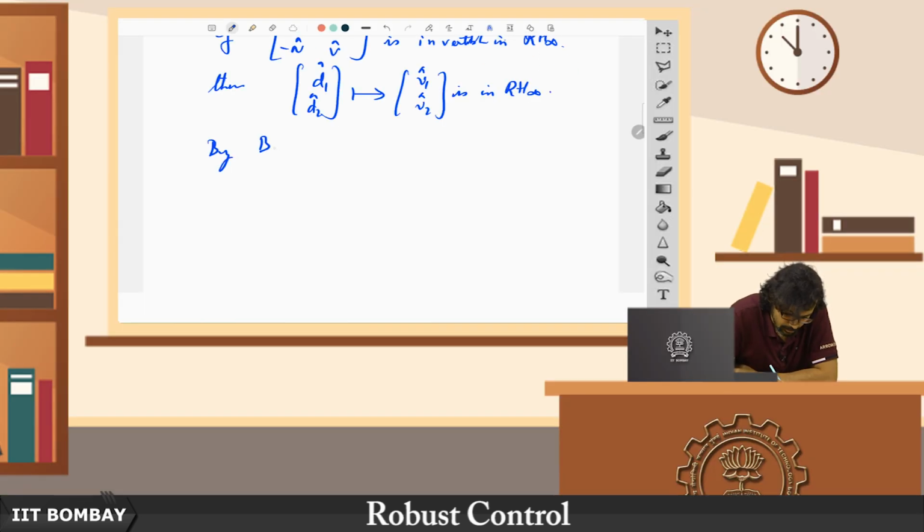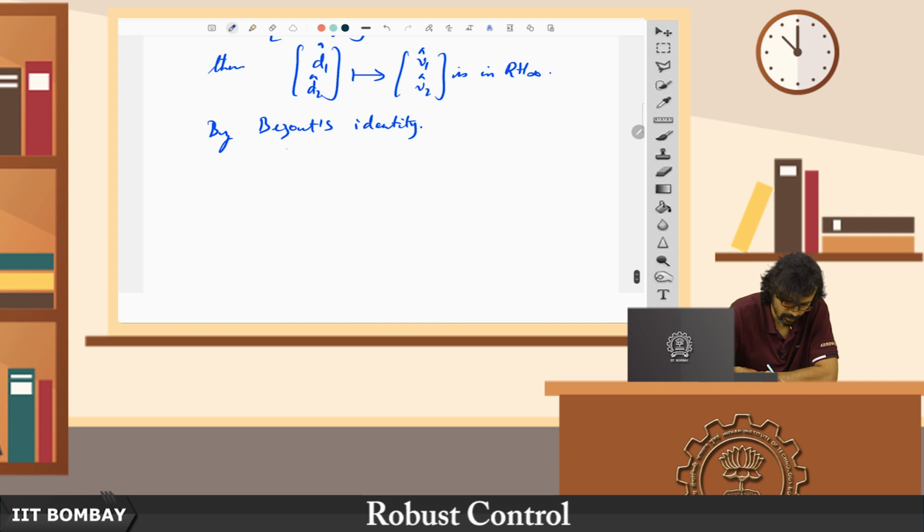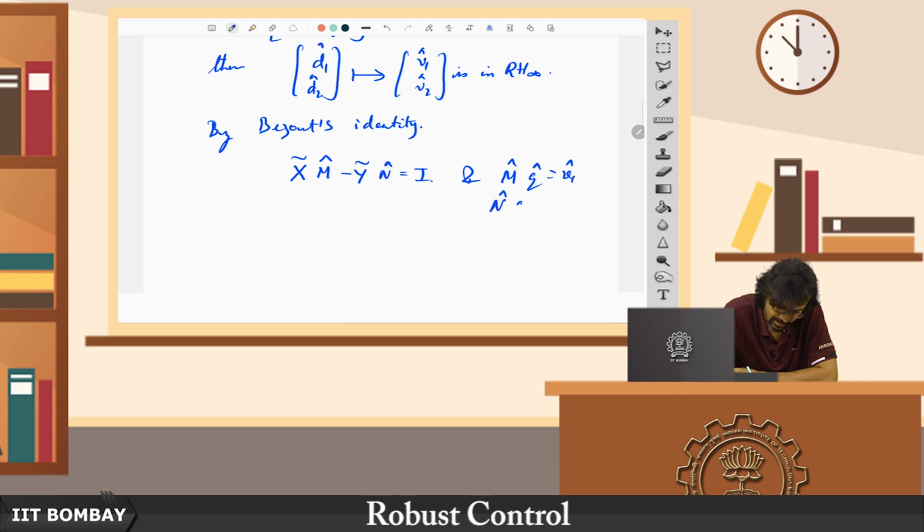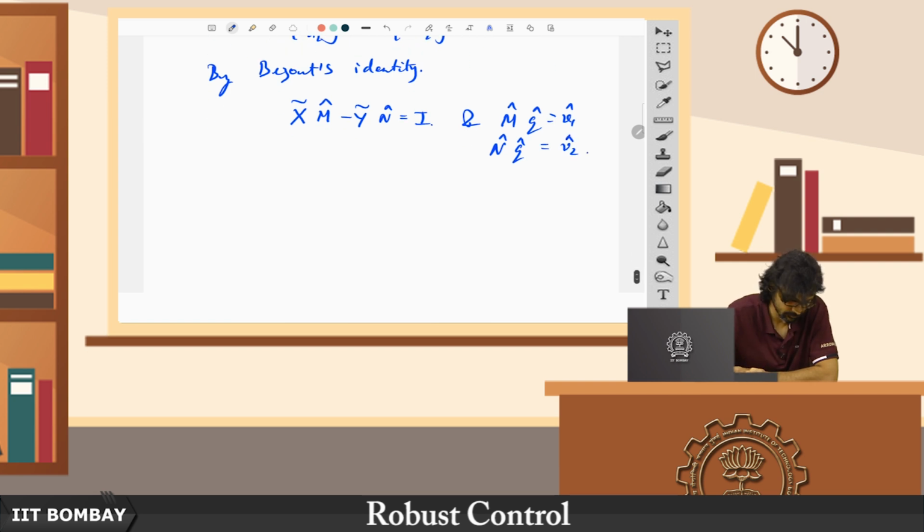So, by again our old faithful Bezout's identity, what do we have? We have x tilde m hat, this is the left factorization, minus y tilde n hat is equal to identity, and already we have seen that m hat q hat is equal to v1 hat, n hat q hat is equal to v2 hat.